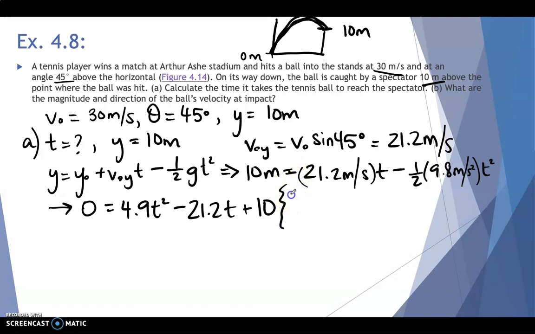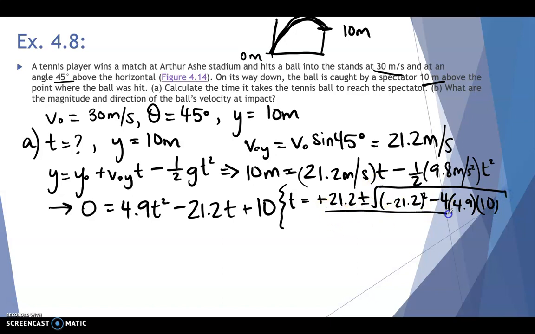So we'll have t equals negative negative 21.2 plus or minus the square root of negative 21.2 squared minus 4 times 4.9 times 10, all over 2 times 4.9.